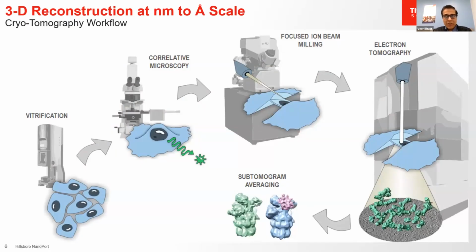Now, of course, it comes in many different flavors, and there are some additional advanced extensions to it. Cryo-electron tomography is one of the extensions, and it can be used to obtain 3D reconstructions from vitrified samples. It can also be used in combination with correlative microscopy and correlative electron microscopy, where we can specify the target locations.